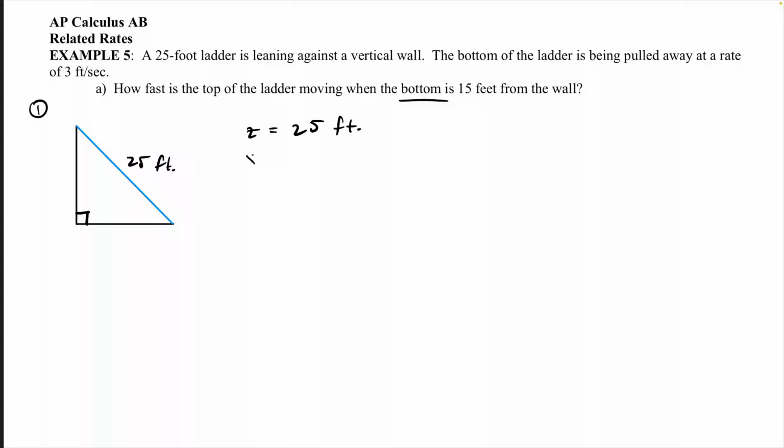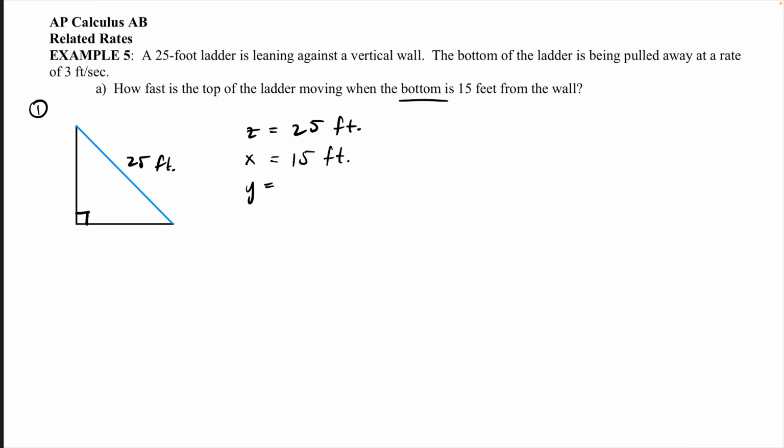How about X and Y? X is the side-to-side measurement, Y is the up and down measurement. Do I know any of those? 15 feet is the bottom, so that's going to be X. Do I know what Y is? No, I don't, but can I figure it out?